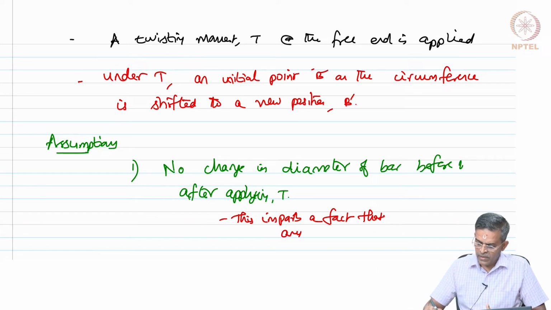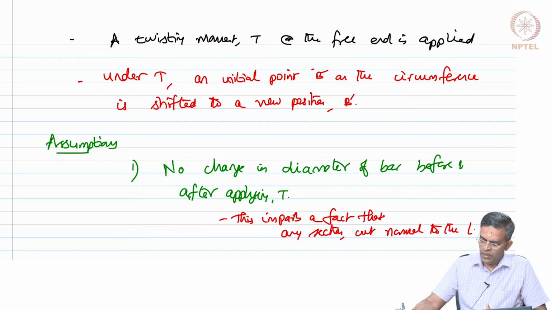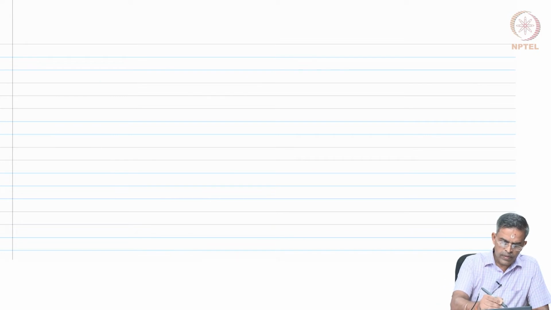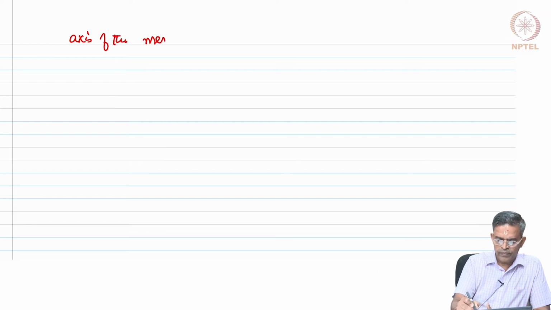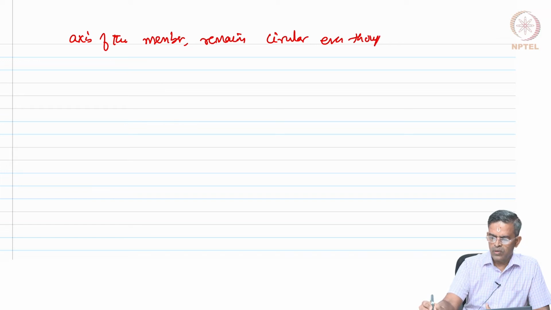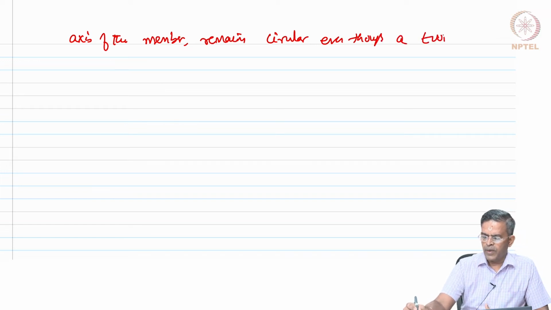So, any section cut normal to the longitudinal axis of the member remains circular even though a twisting moment is applied.